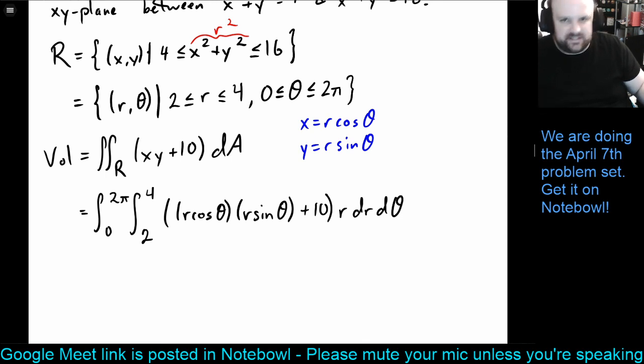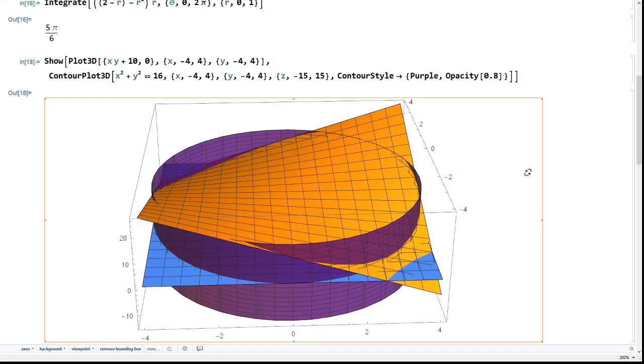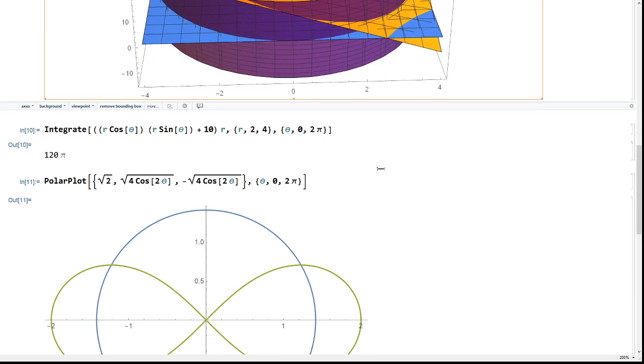And then the rest of it is straightforward. So let's go to Mathematica to compute this, though, which I actually already have right here. So we're integrating r cosine theta times r sine theta plus 10 times r.